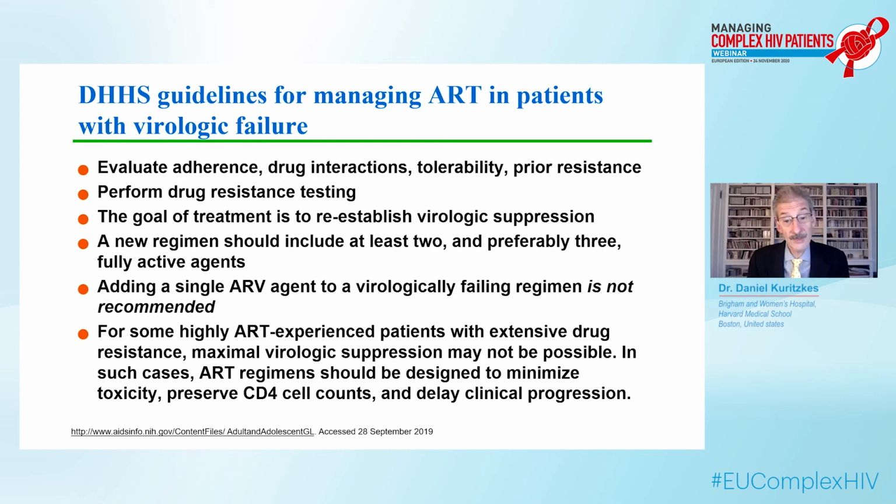Some highly treatment experienced patients, however, with extensive drug resistance may not be able to achieve maximal viral suppression because of the absence of a sufficient number of drugs, and that will be addressed in subsequent talks. In such cases, treatment regimens should be designed to minimize toxicity, preserve CD4 counts, and delay clinical progression.